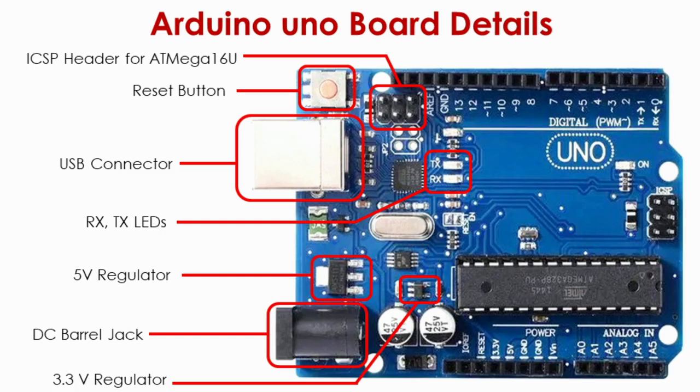What these regulators do, basically, they perform the function or job of a transformer. They step down the voltage. The output voltage from the Arduino is either 3.3 volt or 5 volt. And then there is a DC barrel jack.